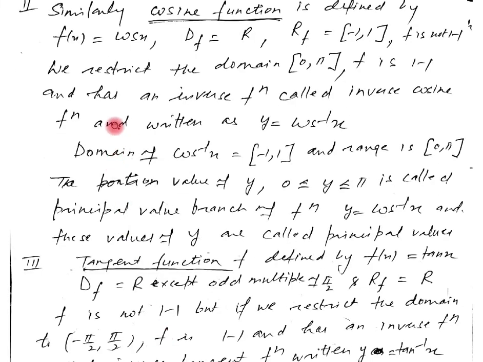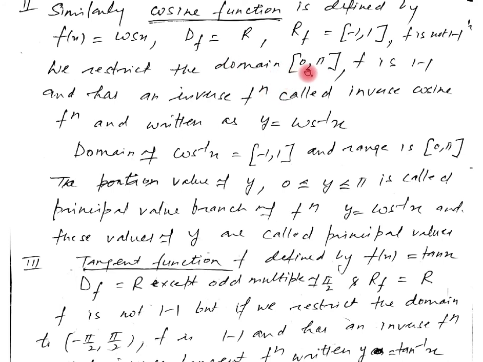Now similarly, in the case of the cosine function, cos x, the domain of the function is R, and again cos x lies between 1 and minus 1. So therefore the range of the function is closed interval minus 1 to 1. Again, when we consider the whole domain, the function is not one-one. So likewise in the case of sin x, we restrict the domain to the closed interval 0 to pi.